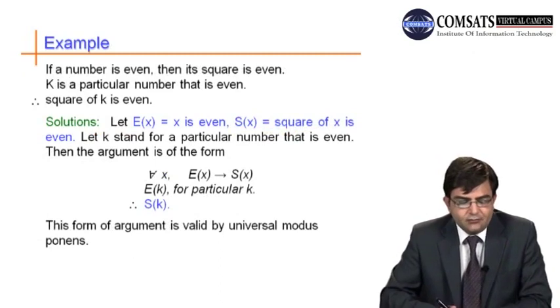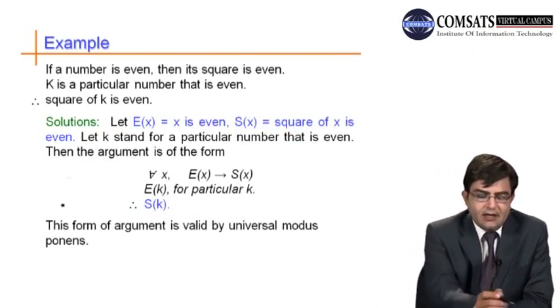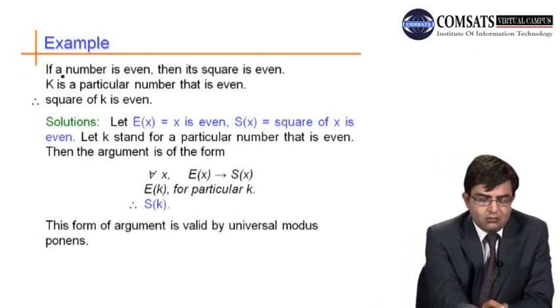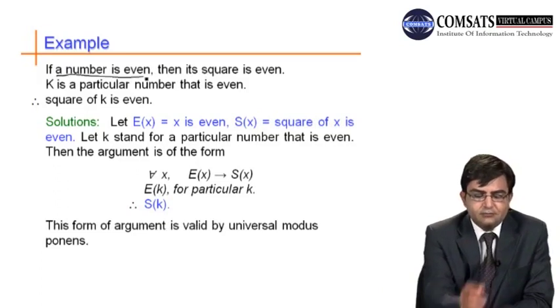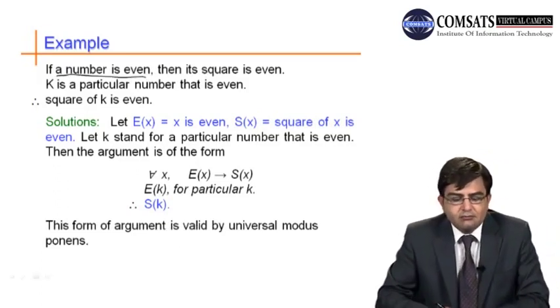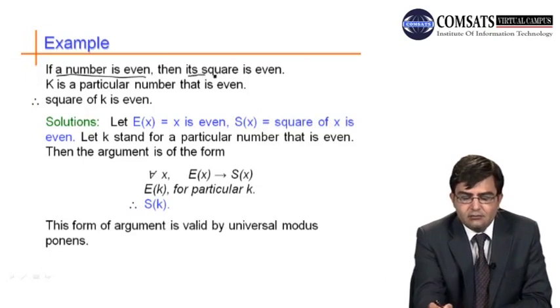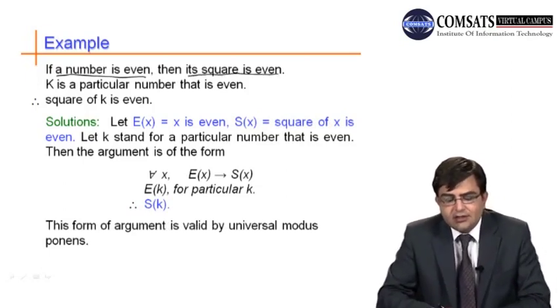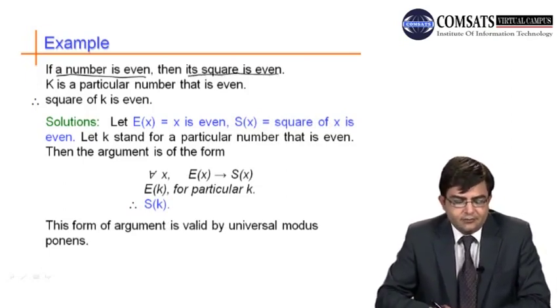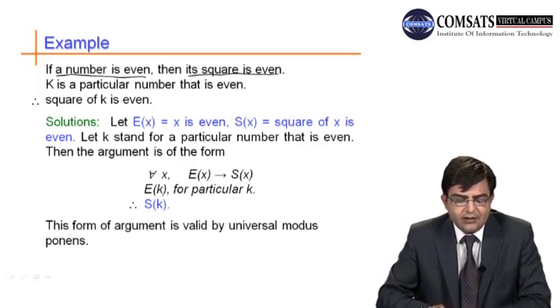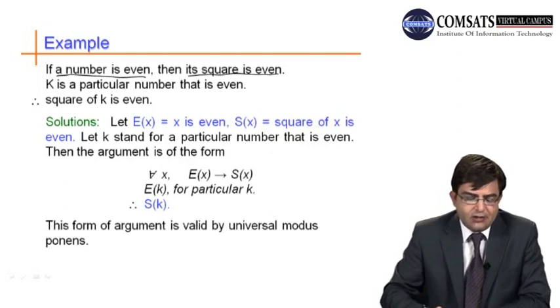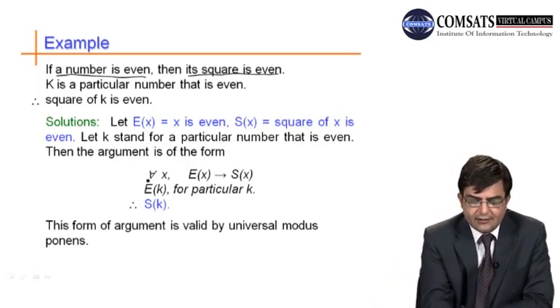We consider an example here. If a number is even, then its square is even. Now this statement is true for all even numbers. So we can introduce here a universal quantifier to translate it: for all x, e of x implies s of x.